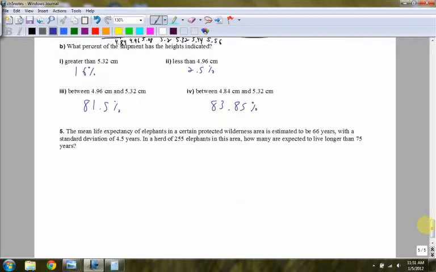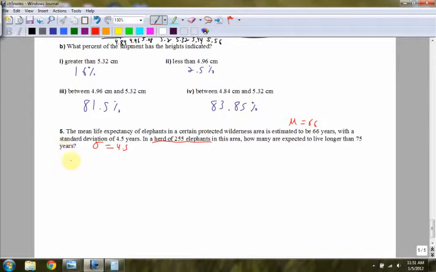All right, last question. The mean life expectancy of elephants in a certain protected wilderness area, mean life expectancy, so that's your mu, is going to be 66 years, with the standard deviation, which is sigma, of 4.5. In a herd of 255 elephants, how many are expected to live longer than 75 years?